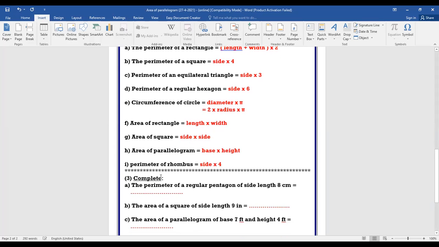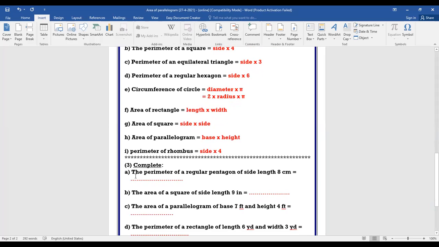Number 3: the perimeter of a regular pentagon of side length 8.